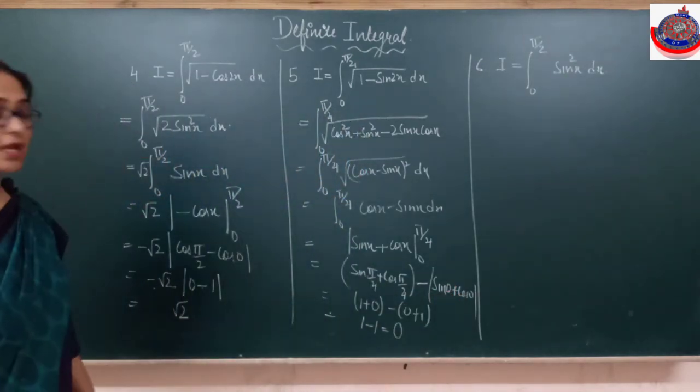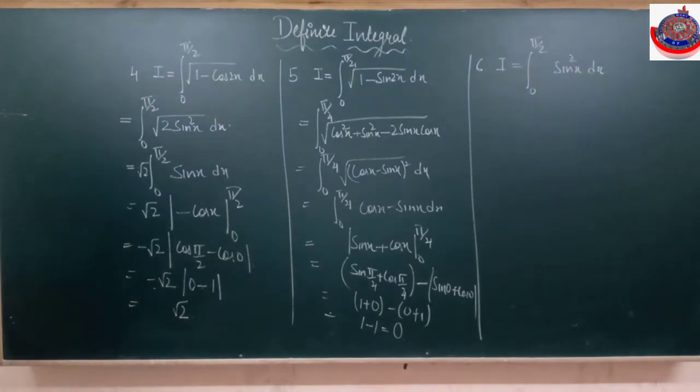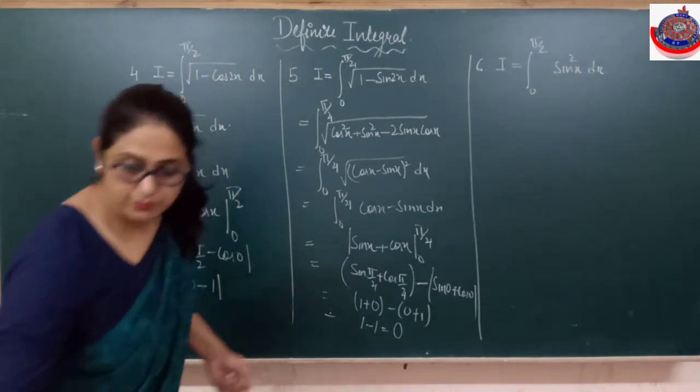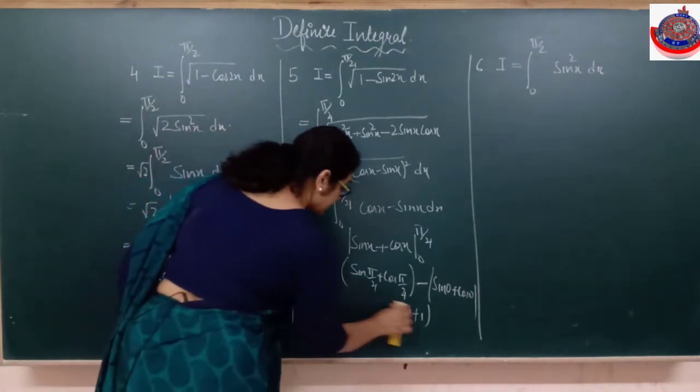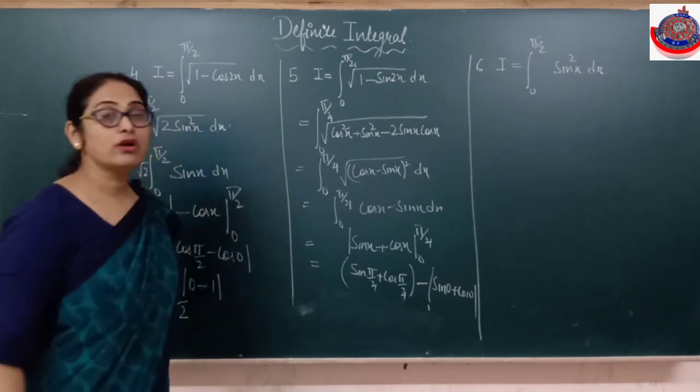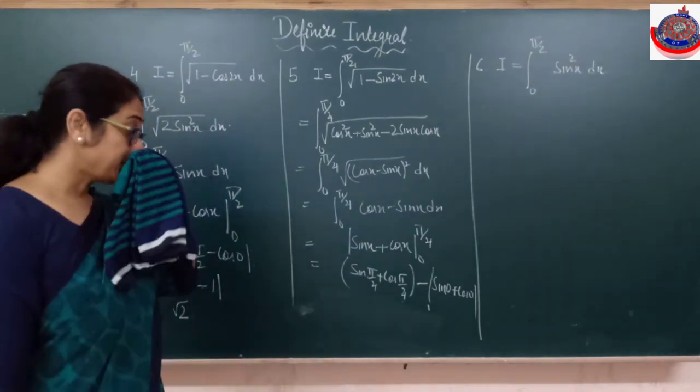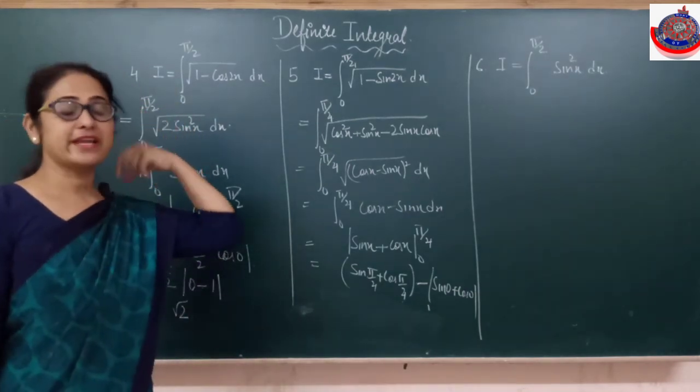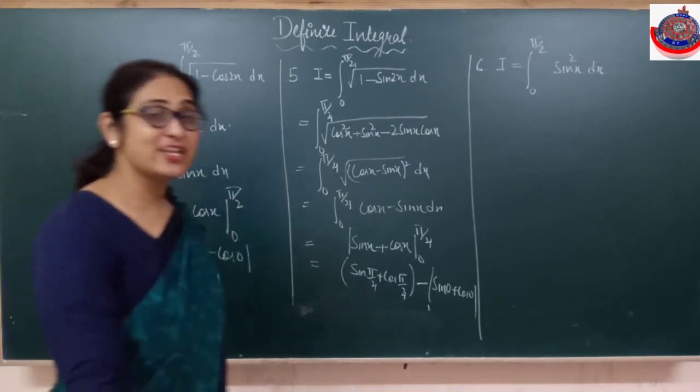So what is the value of sine pi by 4? That is 1 by root 2. See, I told you how we come to know this is a wrong question: because definite integration we use to find the area of the curves. It defines the area of the curve.